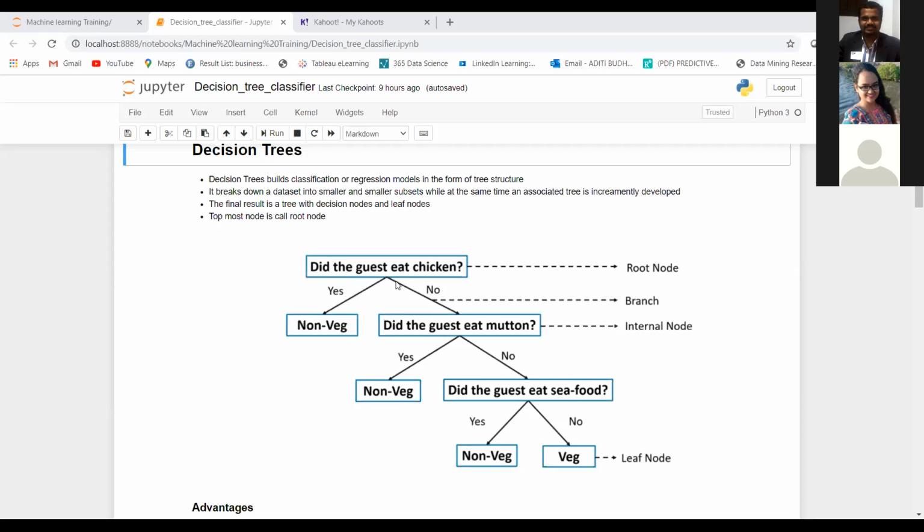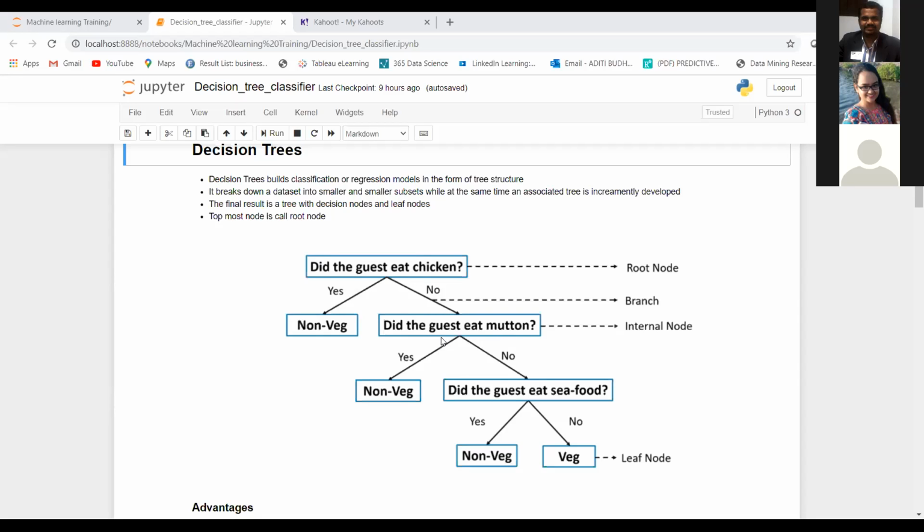So the first question that you may ask is, did the guest eat chicken? If the answer is yes, then you could classify him as, okay, the person is non-vegetarian. But if the answer to this question is no, then you will ask another question, did the guest eat mutton?